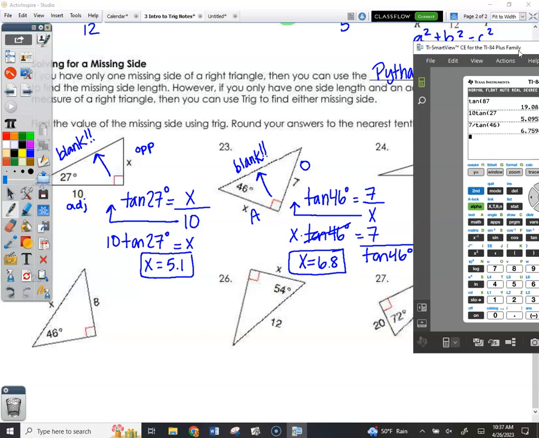Okay, so now if you'll put your pencil down and look up here, you don't have to highlight this if you don't want to.